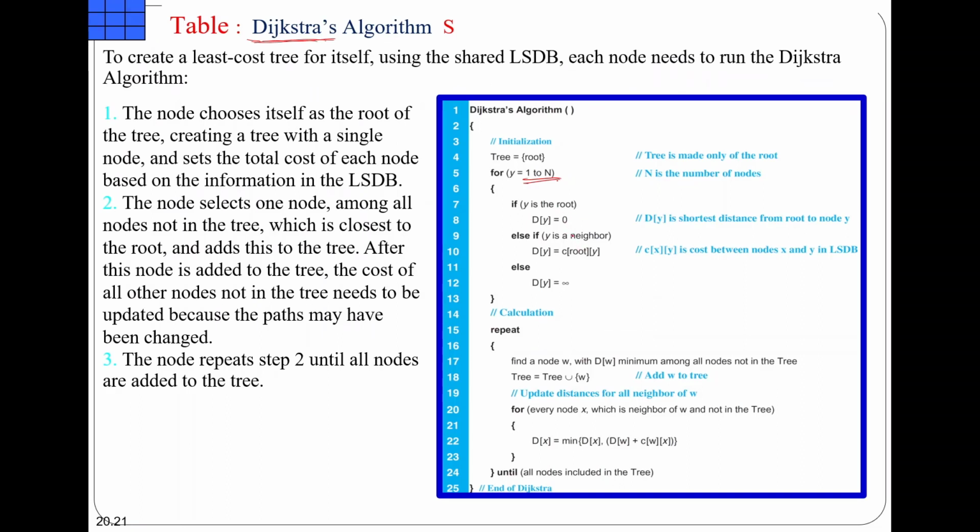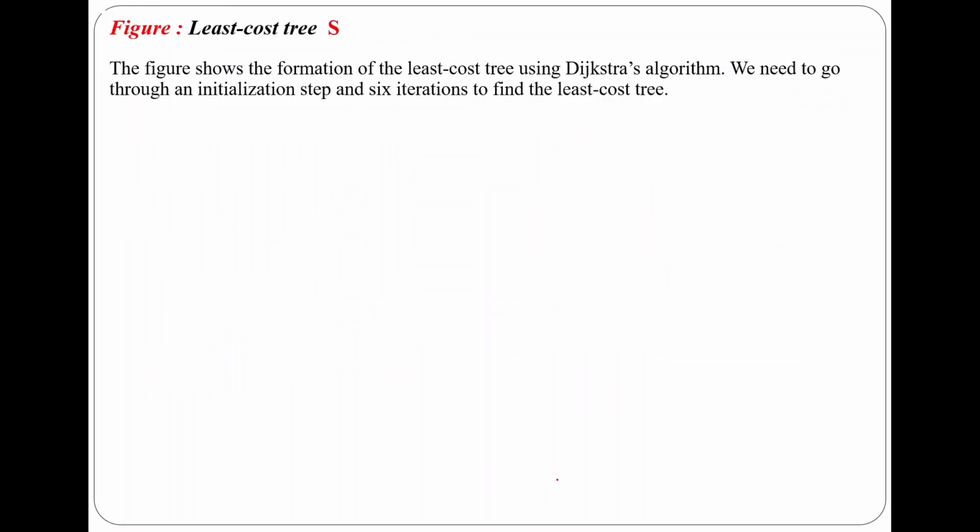If it is an immediate neighbor, we assign the particular cost. If it is not an immediate neighbor, we assign infinity as the cost. If you have multiple paths, we consider the one giving the minimum cost as the optimized value. This is called the Dijkstra algorithm.